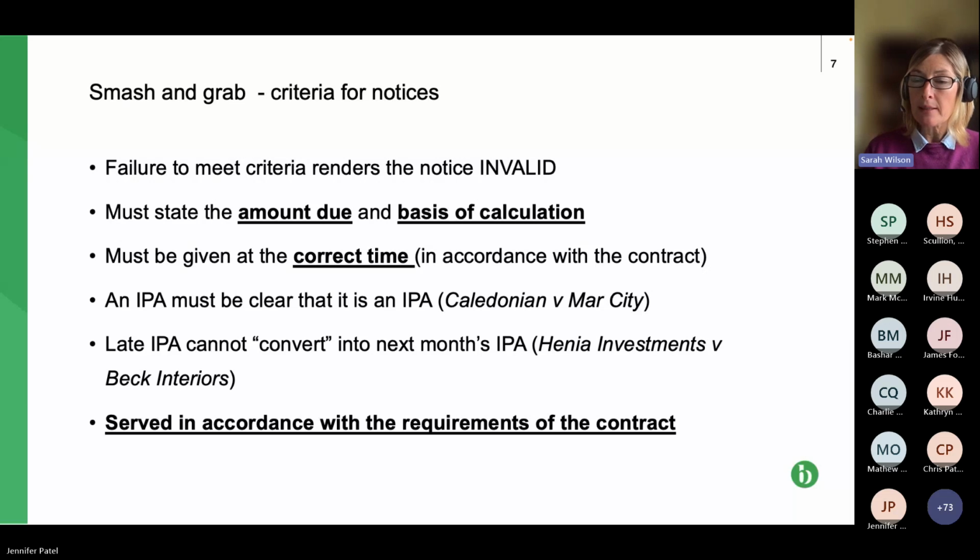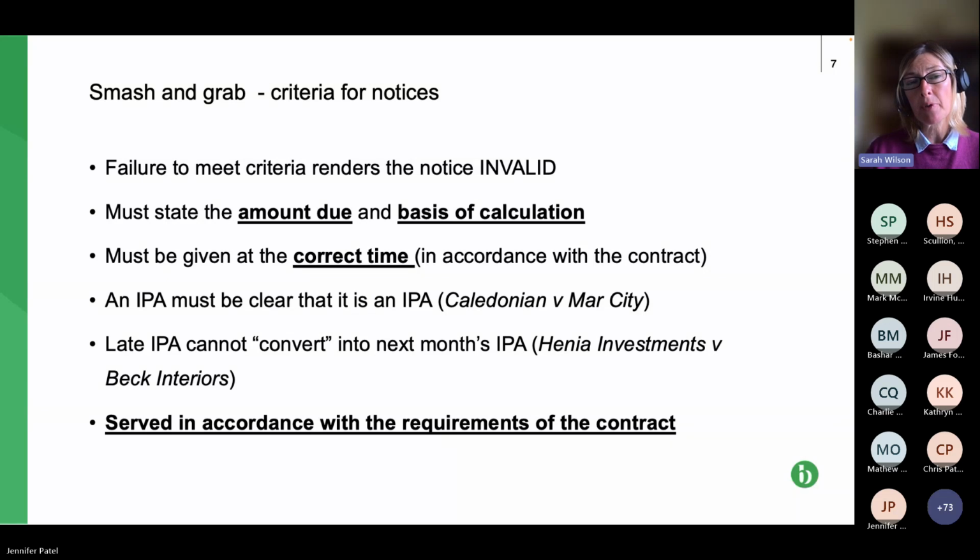And if those mandated elements aren't in, then there's a scheme for construction contracts which applies. But there are other elements where the information's got to be contained in the contract, but it's not mandated as to what it has to actually provide. So we'll come to that later. But the notice must be given at the correct time.